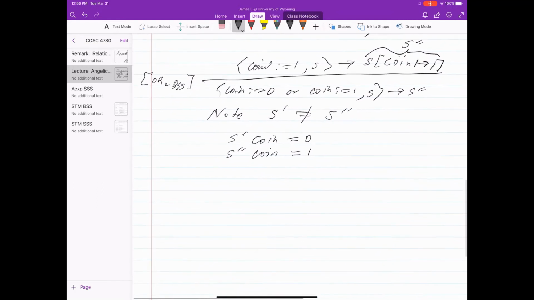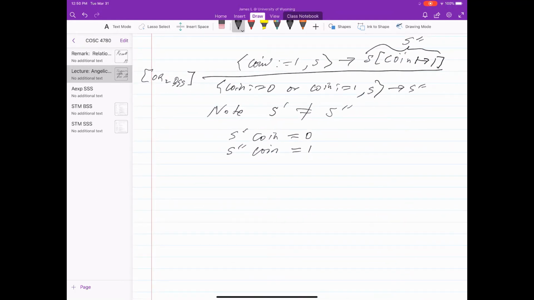So that shows that these two functions are not the same. Now, this is a different kind of non-determinism than we had in the A expression.